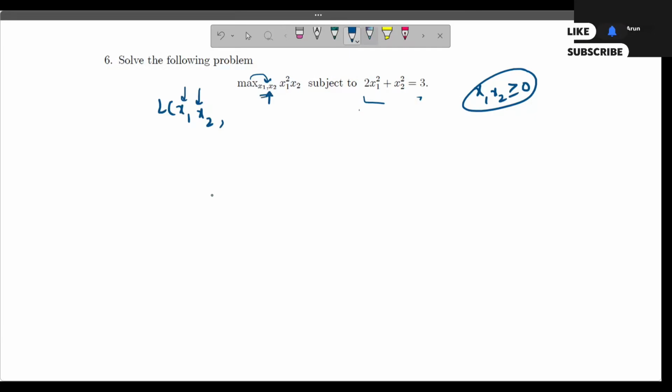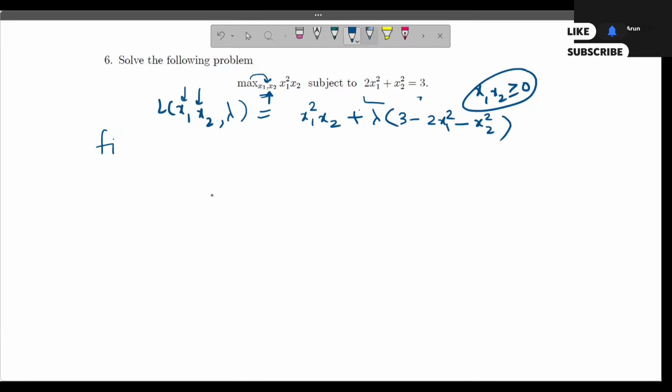So x1, x2, and lambda. Firstly, what you write is x1 square into x2 plus lambda times 3 minus 2 x1 square plus x2 square. Later you have to distribute the minus sign.